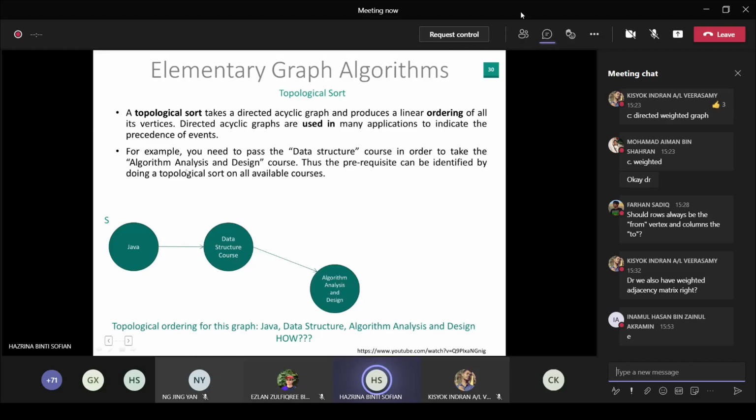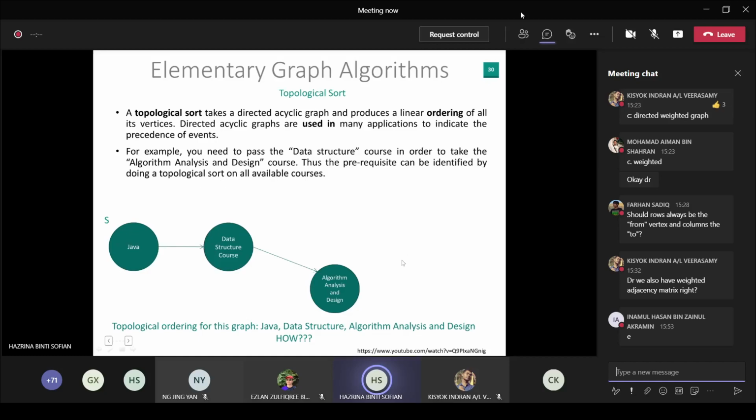For example, you need to pass the data structure course in order to take the algorithm and analysis course. So the prerequisite can be identified by the topological sort.